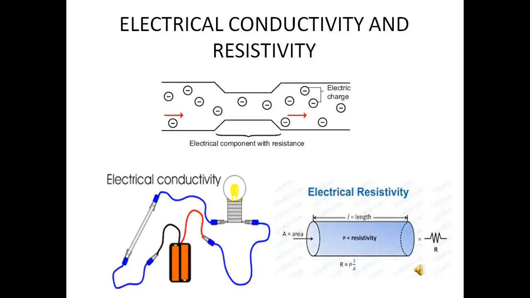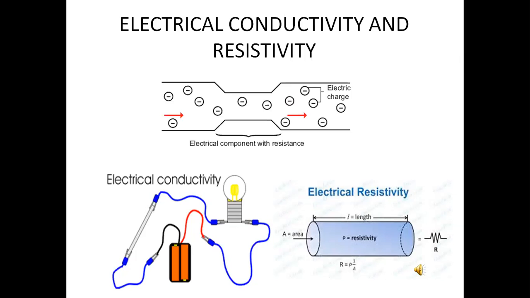Next, electrical conductivity. Electrical conductivity, or specific conductance, is the measure of a material's ability to conduct an electric current. It is commonly represented by the Greek letter sigma. The SI unit of electrical conductivity is siemens per meter.